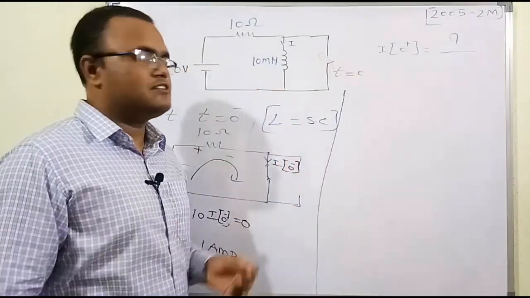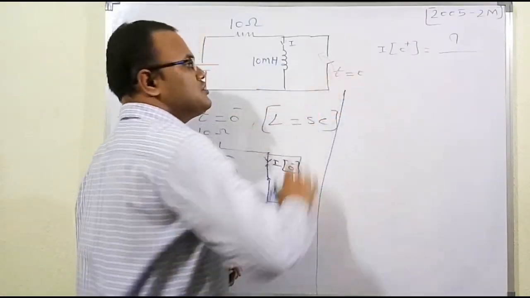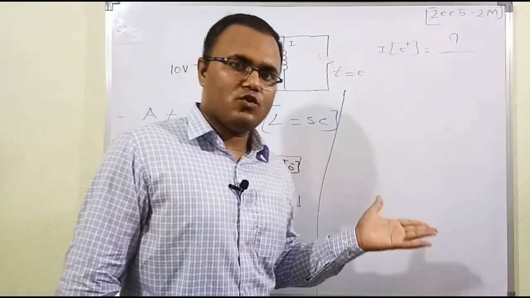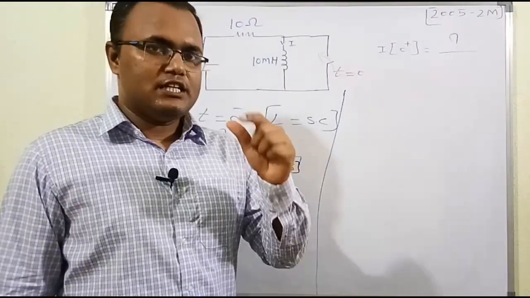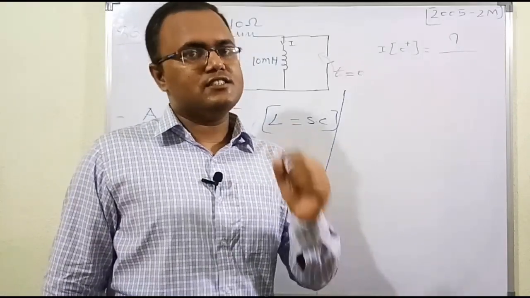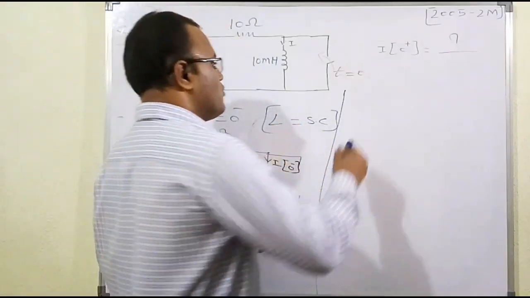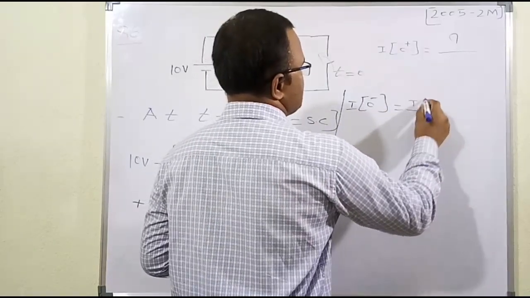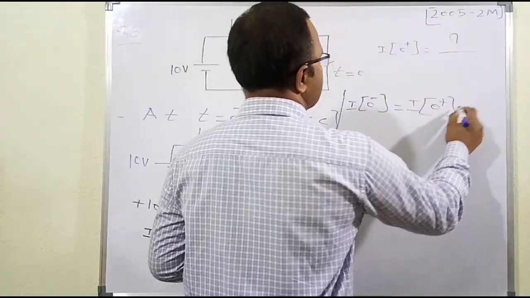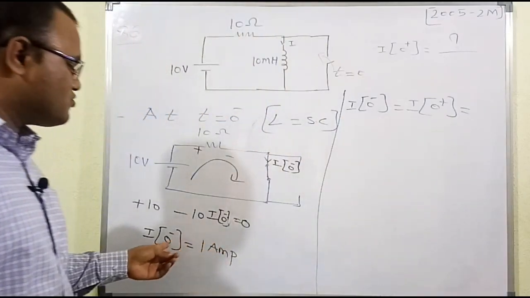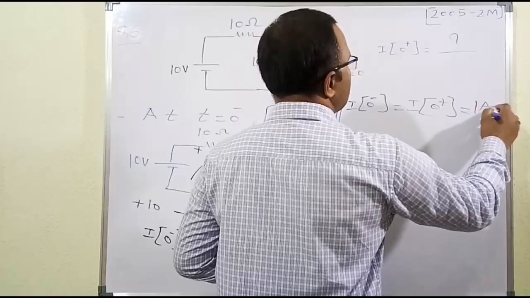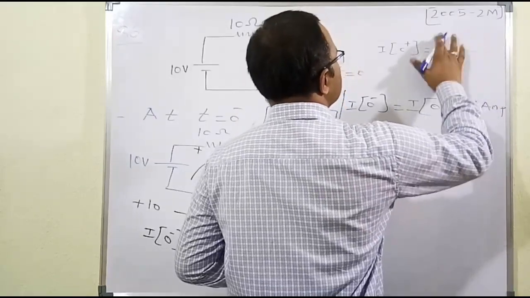Here only an inductor is given, therefore before the switch is closed and after the switch is closed, at these two particular instants the current is always the same. So I of 0 minus is equal to I of 0 plus. We have already calculated the current in the inductor at t is equal to 0 minus as 1 ampere. So I of 0 plus is also 1 ampere. This is our required solution, which is 1 ampere.